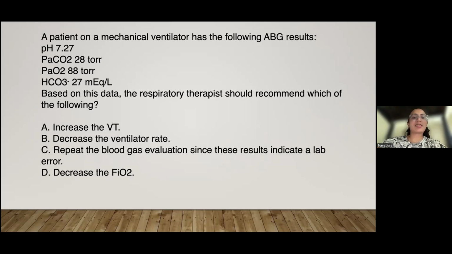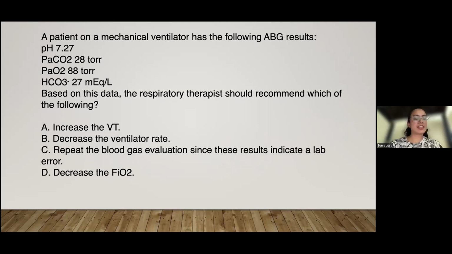If metabolic acidosis is there, HCO3 should decrease to less than 22. Here it is 27. This is not a correct ABG, because if HCO3 is increasing, pH should increase.